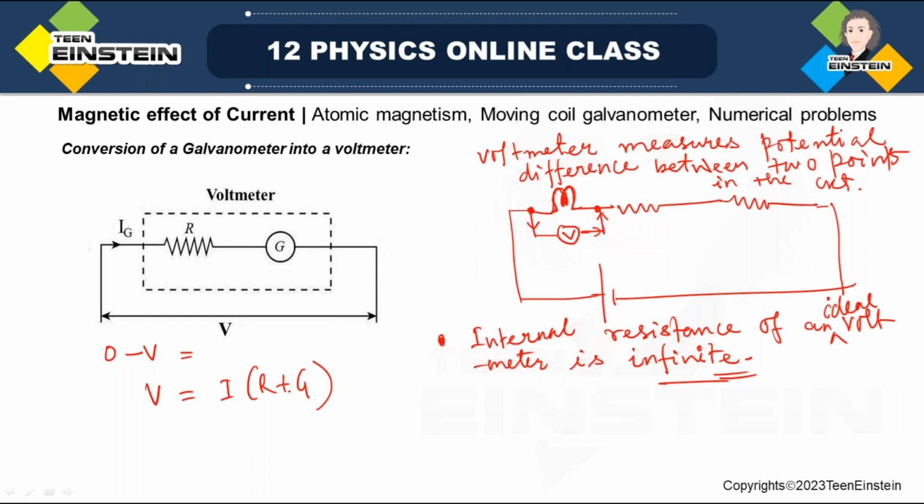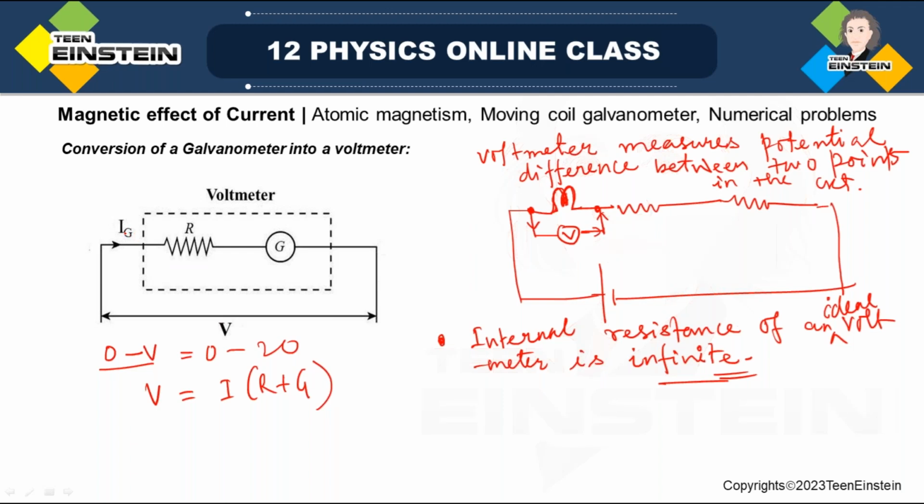So if the maximum range is given for the meter, or if I know that suppose I have to make a voltmeter in the range 0 to 20, then I know this parameter.